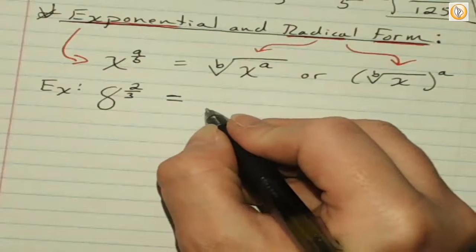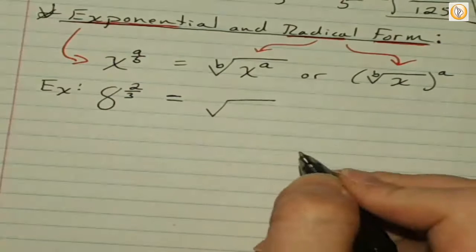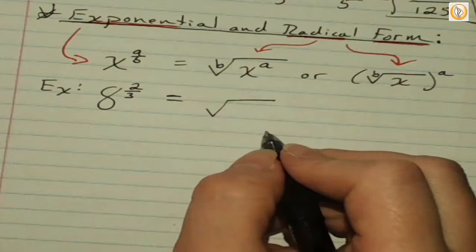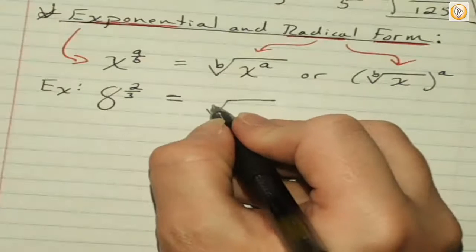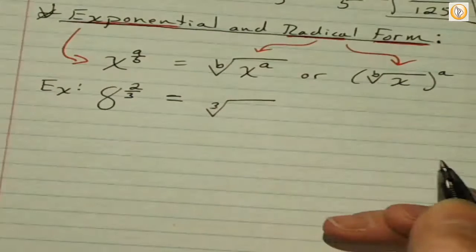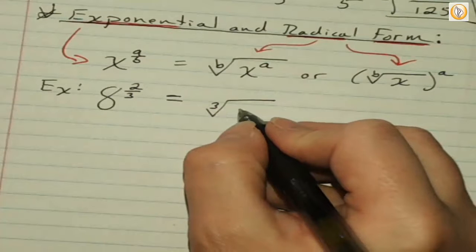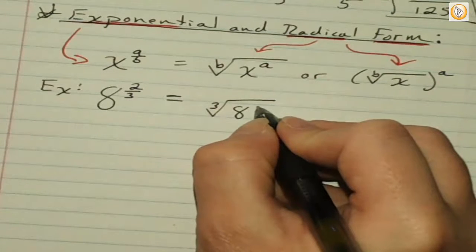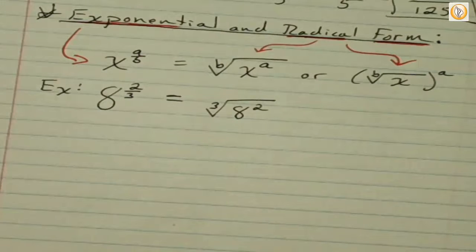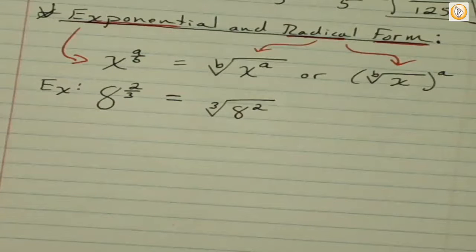You write your radical symbol, and then you would put the 3 in the little check thingy, and then the 8, and then the 8 squared would be the radicand. See how you did that?